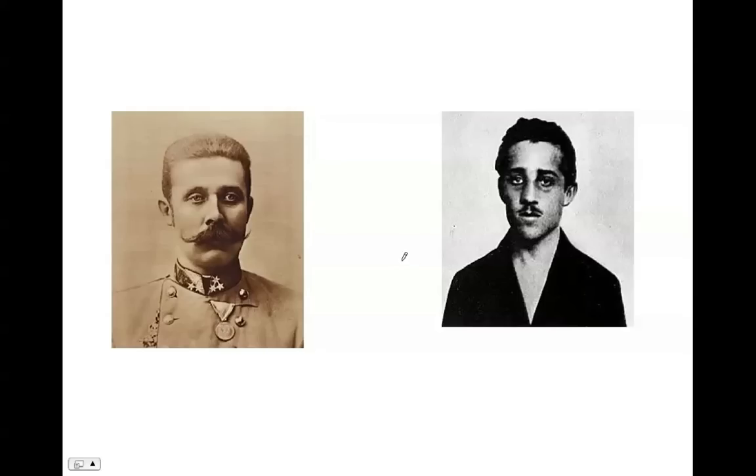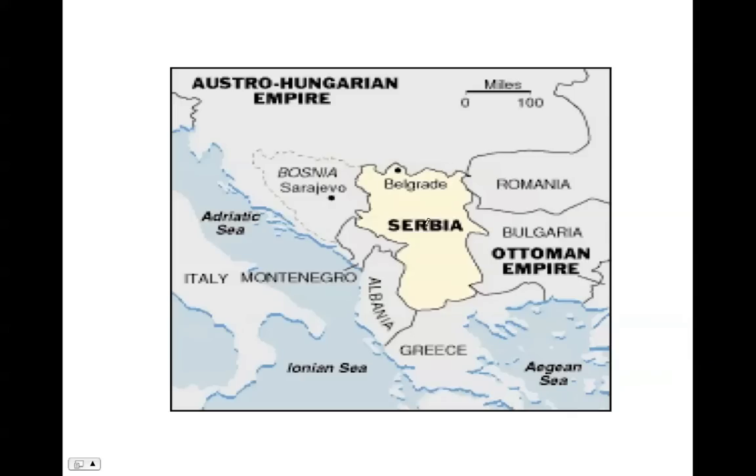Now, Serbia, like I said, was a nation that was sympathetic to the Bosnian movement for independence. The Austrians considered Serbia, let me go back to the map, a threat to them, and they were right in that. Obviously, they did help to some extent this terrorist organization.